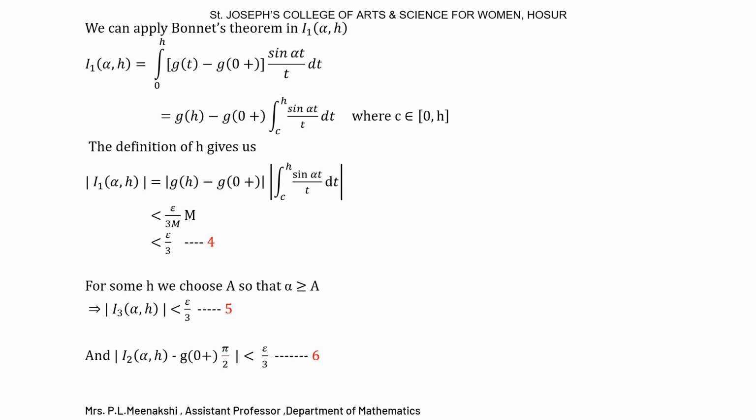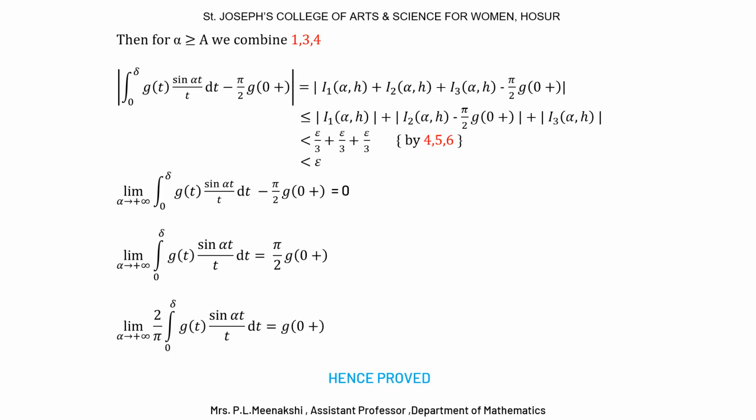So we know I3(α, h), I2(α, h), and I1(α, h). Put these values into the main expression. The modulus of the integral from 0 to δ of g(t) sin(αt)/t dt minus (π/2) g(0+) is less than or equal to the modulus of I1(α, h) plus the modulus of I2(α, h) minus (π/2) g(0+) plus the modulus of I3(α, h).